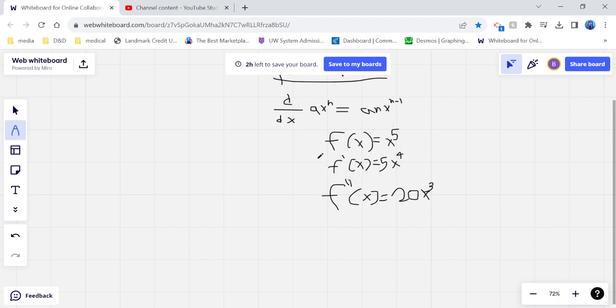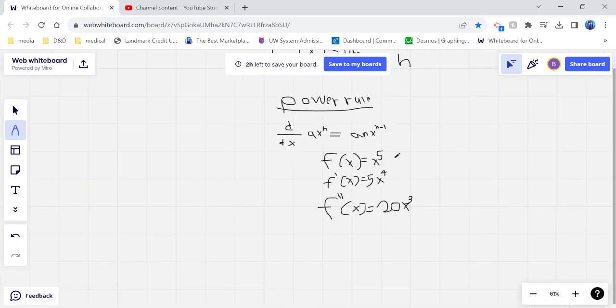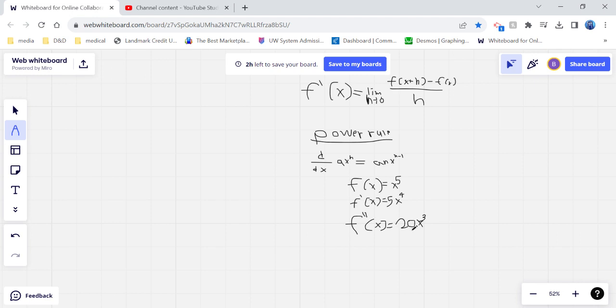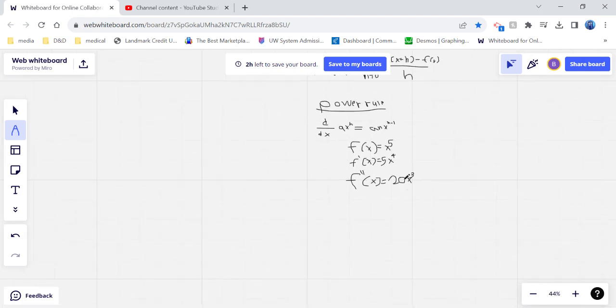Actually, with any kind of polynomial expression like this, what you end up getting, the more and more down the line you go, is that some derivative will equal 0.